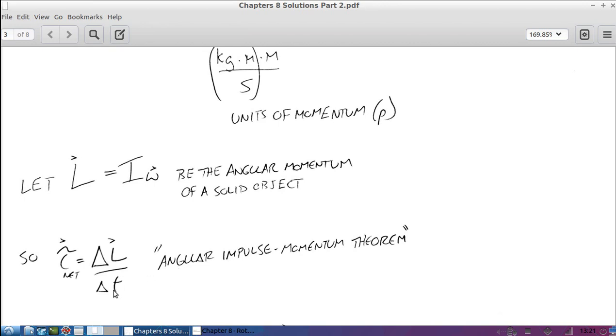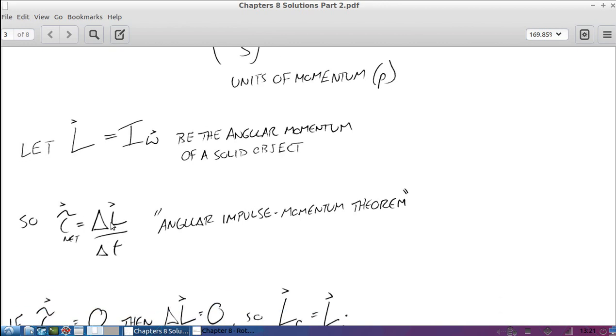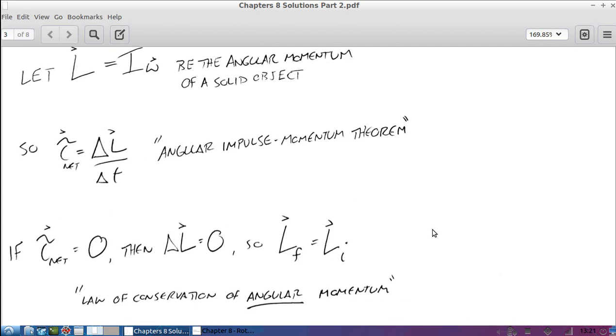If you multiply both sides of this by delta t, it looks like the impulse momentum theorem for an object that's rotating. So this is my angular impulse momentum theorem. Basically, Newton's second law written in terms of momentum for a rotating object. So what if an object's angular momentum isn't changing?